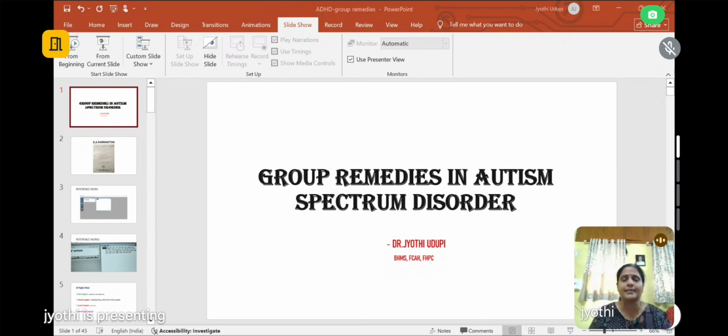If you have not read this book, as one day we were discussing in the group, the necessity of reading basic books in homeopathy. I see a lot of people have not read basic books like Boericke, like Allen and Pathak. There are so many basic books.